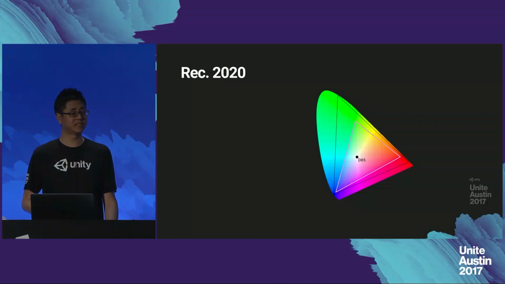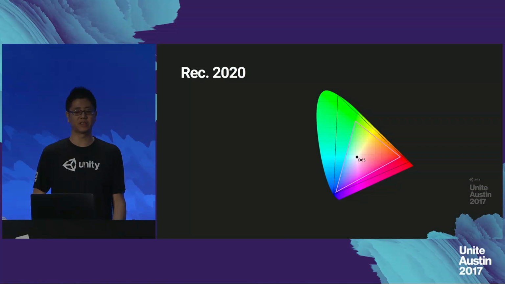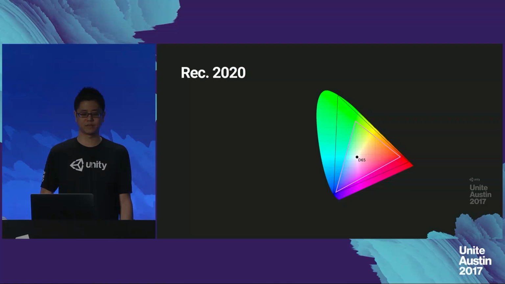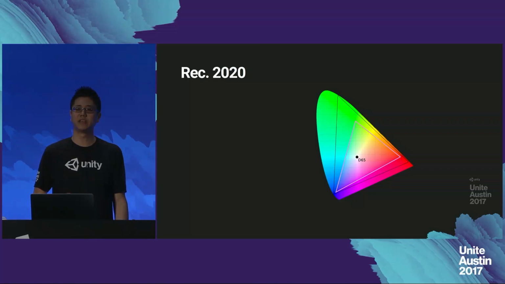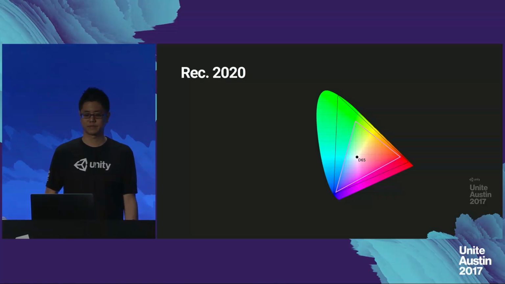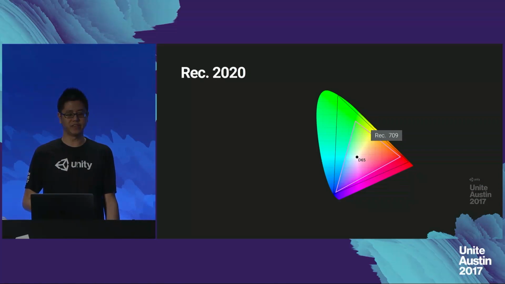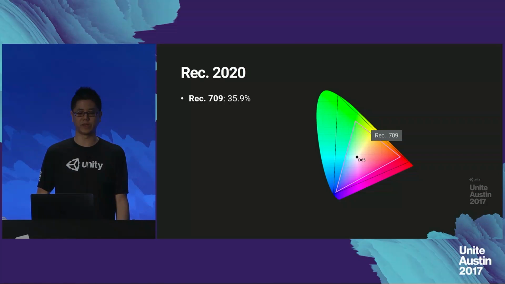Take, for example, this diagram, which is used to represent the color gamut visible to human eyes. As a reference point, the dot here labeled D65 is used to represent white. Today's HD TVs follow the Rec 709 color space, which, as it turns out, covers only 35.9% of the visible color spectrum.